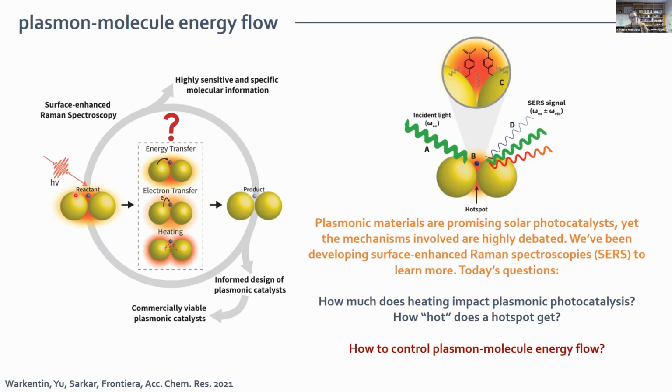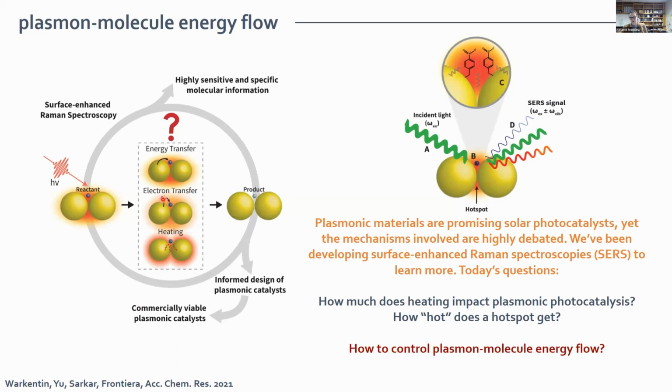However, a lot of the mechanisms responsible for these chemical reactions are still highly debated. Specifically, people are wondering which properties of plasmonic materials can drive these transformations, and how do we actually start to control these in order to make selective and efficient chemical reactions. Our group has been developing Raman techniques to try and understand some of these mechanisms.